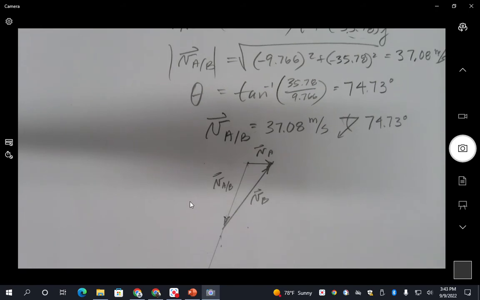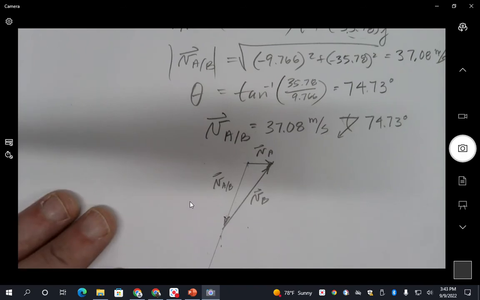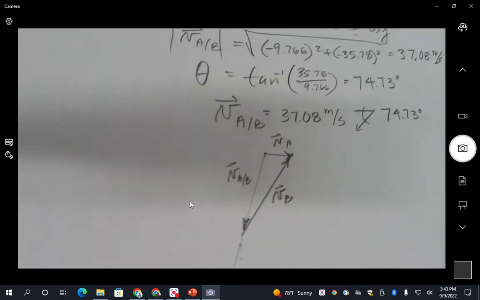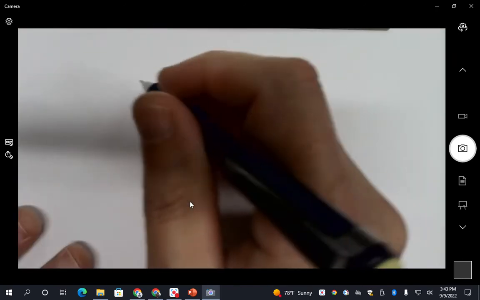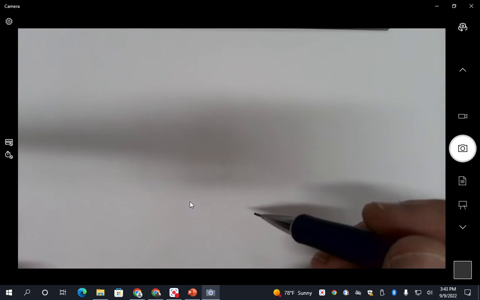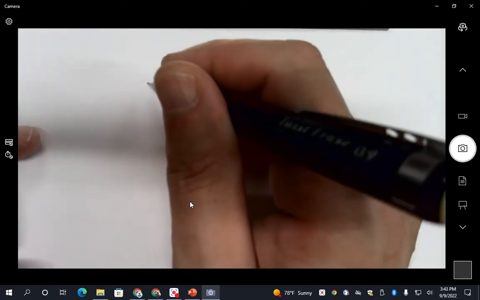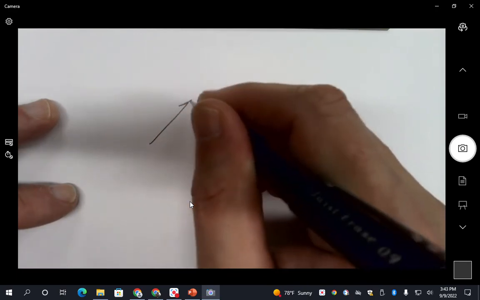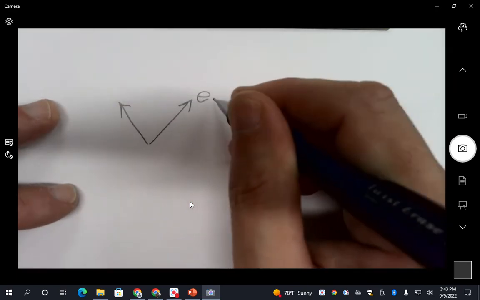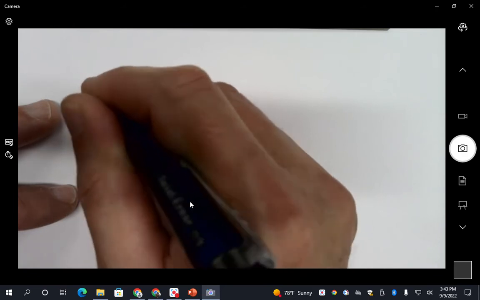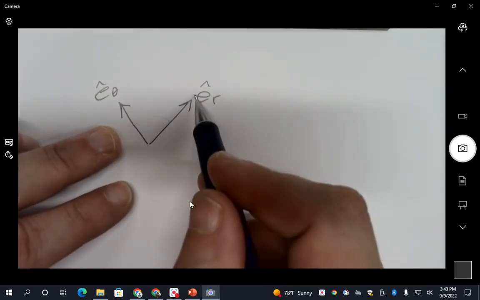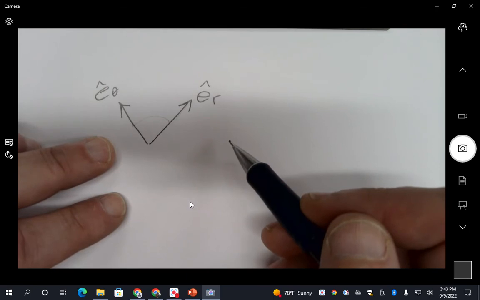So what's the difference in a coordinate transformation between path and polar coordinates? There's no real difference except that in a polar situation, you will always have the E theta to the left of ER.